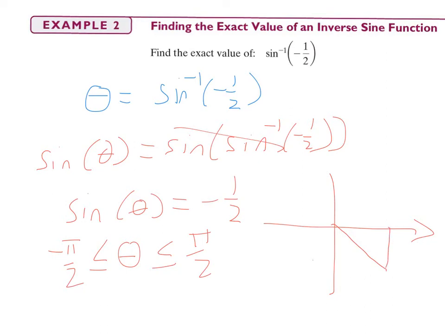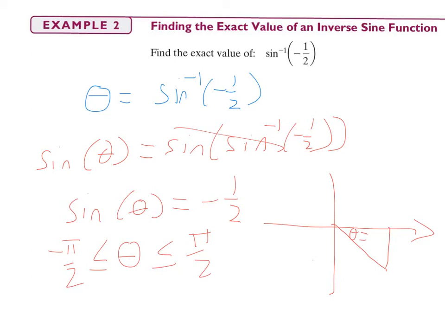Now, you may remember this as an angle for when sine is 1/2, that the angle would have a reference angle of 30 degrees, so pi over 6.